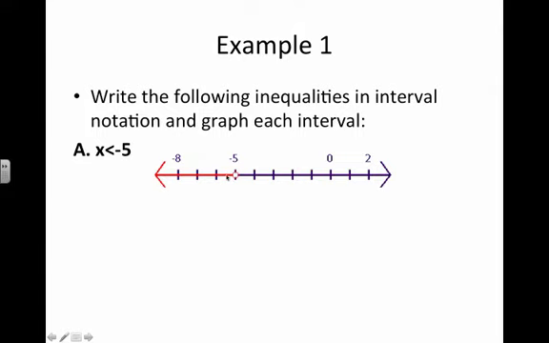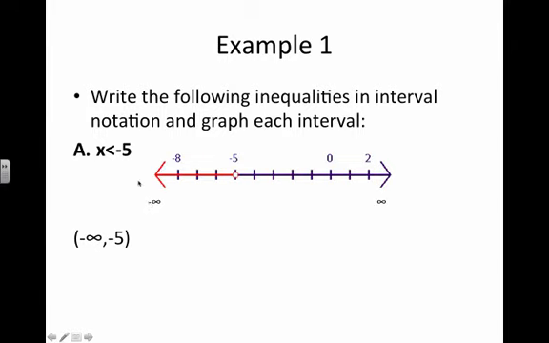Now for interval notation, we need to consider that as you go to the far left, that is in the direction of negative infinity. If we were going to go to the far right, that's in the direction of positive infinity, because that's going to be important in interval notation. So because we have an arrow here, we use a parenthesis, one of two parentheses there, and then we say we come in from the direction of negative infinity.